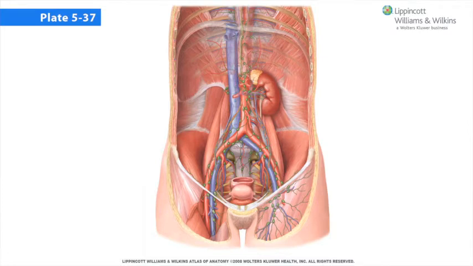These vessels empty into parietal lymph nodes, which are found along the lengths of the aorta, the inferior vena cava, and the common iliac vessels. The parietal lymph nodes form clusters surrounding the origins of the celiac trunk and the superior and inferior mesenteric arteries.